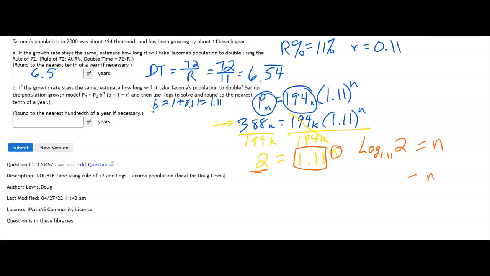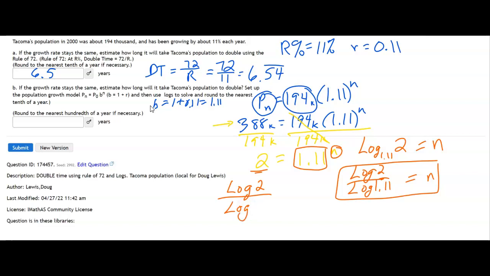And that is the log of 2 over the log of 1.11. That's the change of base formula we know. So look at what we could have done. We could have taken the log of 2, if we're doubling it, over the log of b. That's what's equal to n. And we just need to know that b is equal to 1 plus r. Or you could say the log of 2 over the log of 1 plus little r, the decimal version of that.